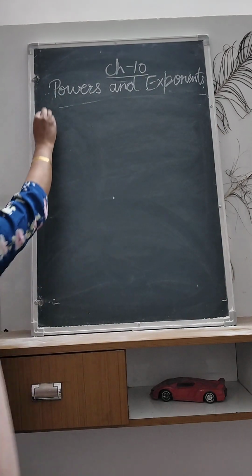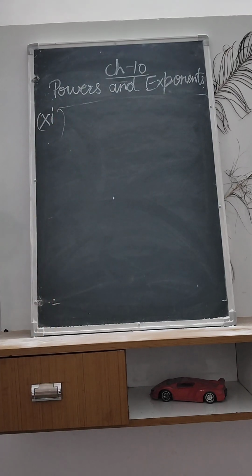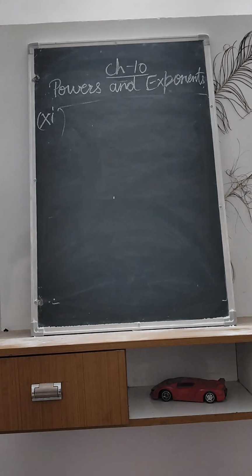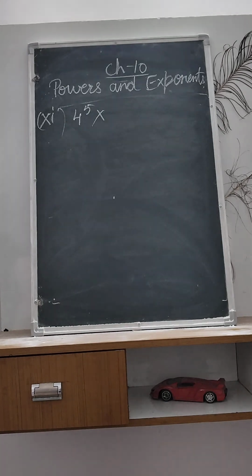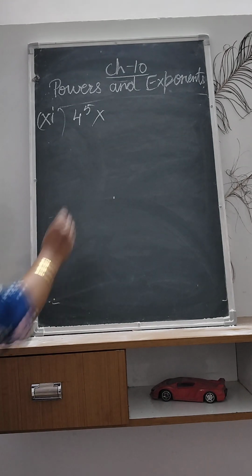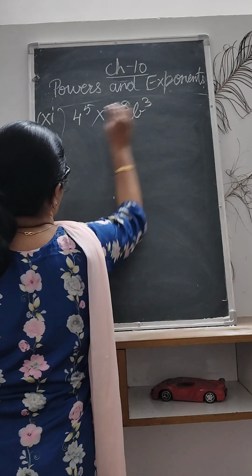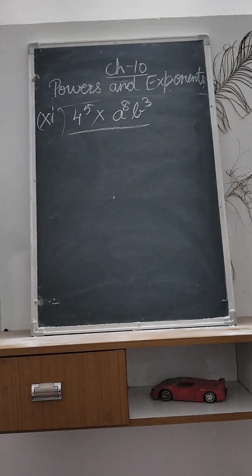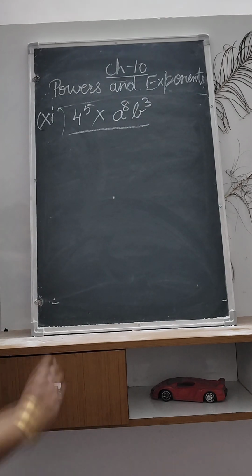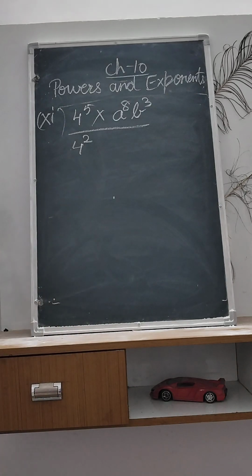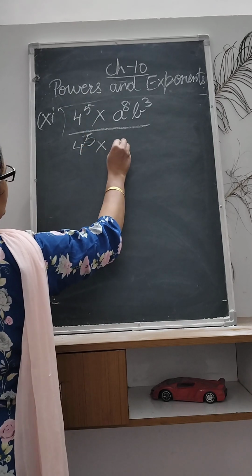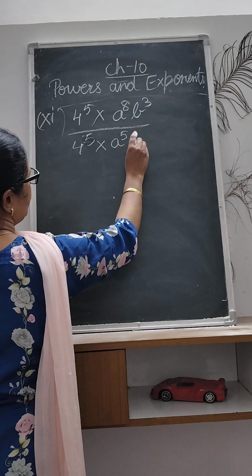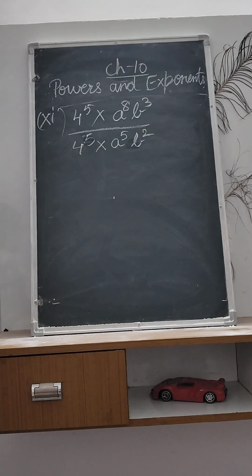Now, if you see students, what is asked in the 11th sum? 4 raised to power 5 into a raised to power 8, b raised to power 3, upon 4 raised to power 5, 4 raised to power 2, into a raised to power 5 into b raised to power 2. Is this so?